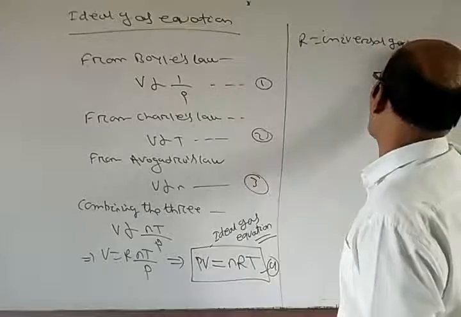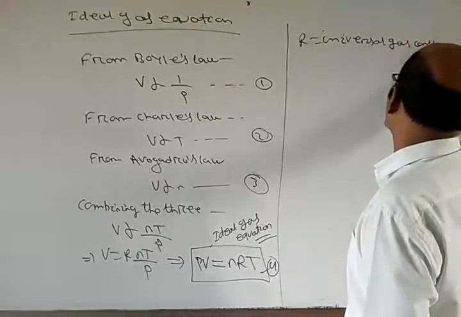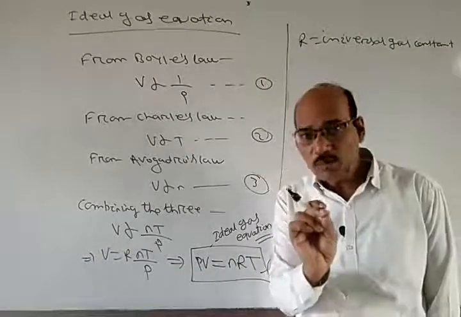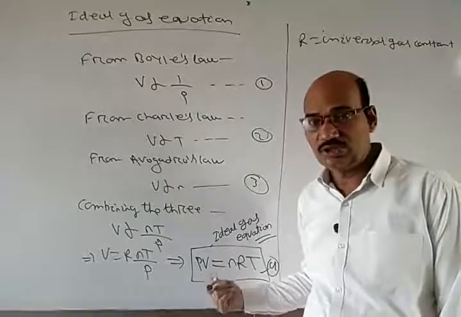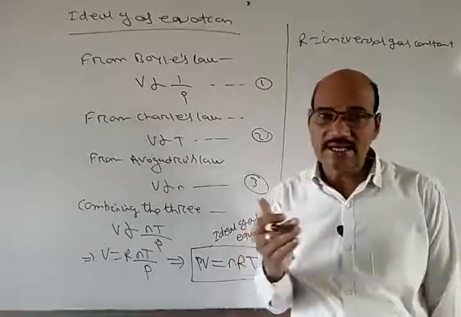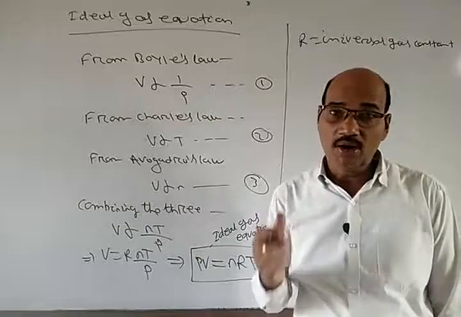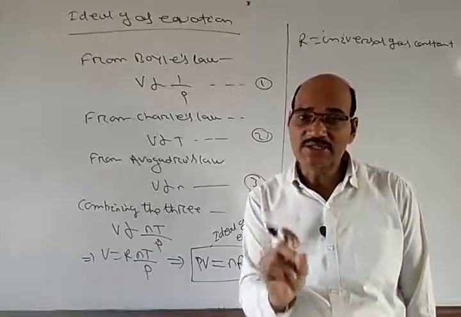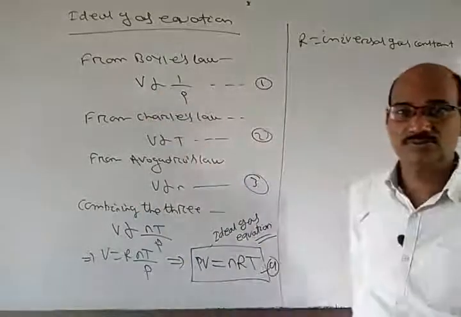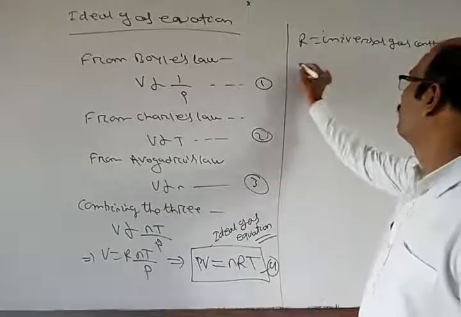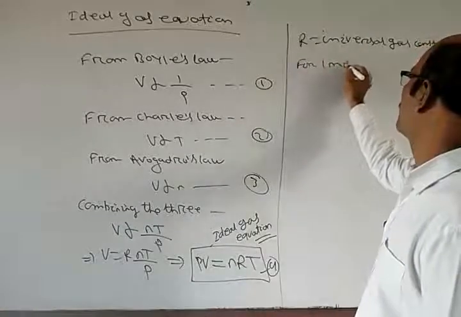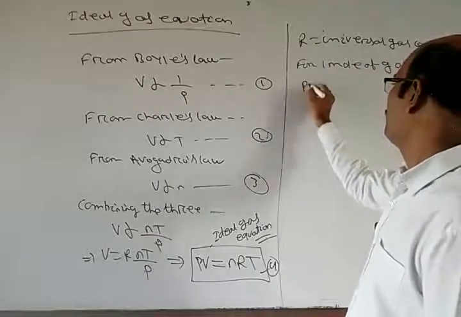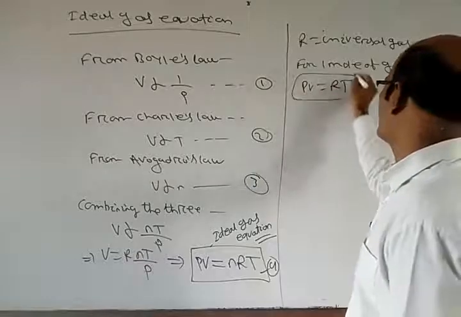Those gases which obey this ideal gas equation PV equal to nRT, and all the gas laws like Boyle's law and Charles' law, at all conditions of temperature and pressure, are known as ideal gases. So for 1 mole of gas, PV equal to RT.